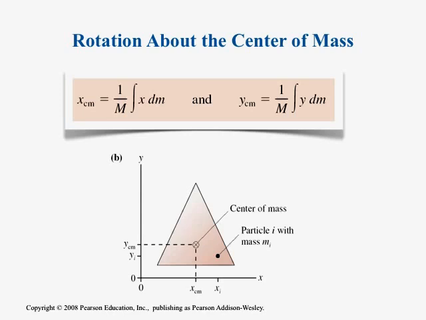If the whole object rotates as one, then all particles have the same omega. So 1/2 sigma, adding up all the masses and their distances, m r squared, times omega squared, gives us the simplification 1/2 I omega squared, because sigma m r squared is the rotational mass moment of inertia.